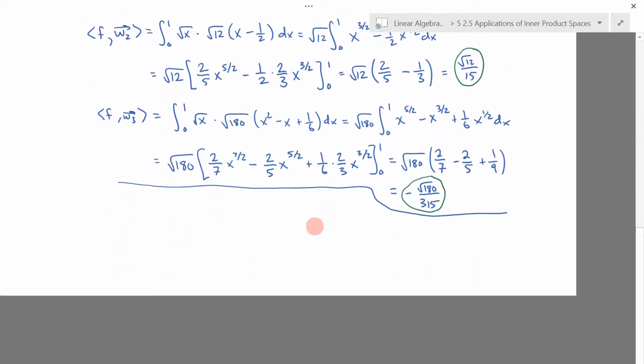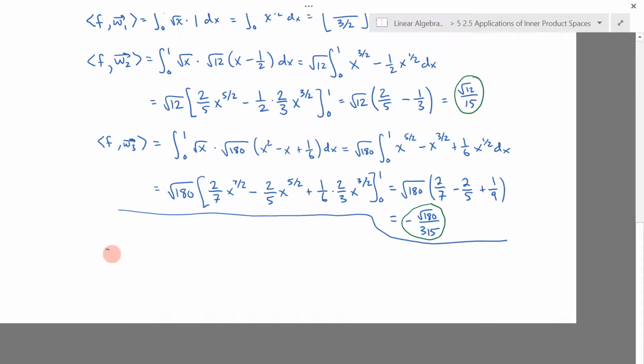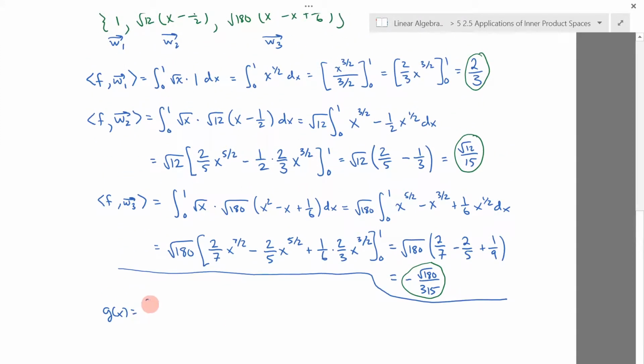Right, so this means that g of x is 2/3 times w1 plus square root of 12 over 15 times w2 minus square root of 180 over 315 times w3.